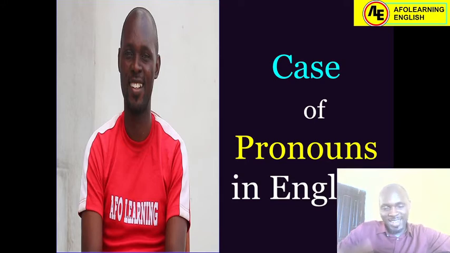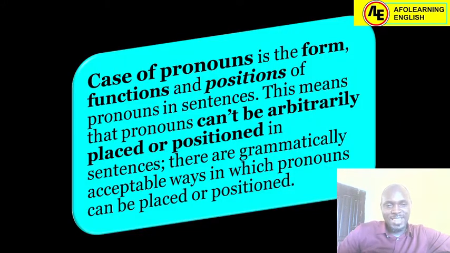So let's get started. First, case of pronouns is the form, function, and positions of pronouns in sentences. Can I repeat that? Case of pronouns has to do with the form, the function, and the positions of pronouns in sentences. Now, what does this tell us?